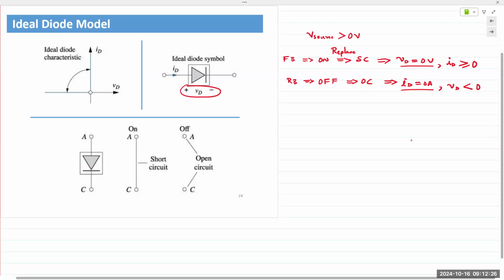So when you refer to diode voltage, you're always referring to the diode voltage as measured at the anode with your reference at the cathode. Positive reference always at the anode. Okay. So if the diode is reverse bias, VD must have a negative value. Make sense? Any questions? Yes.